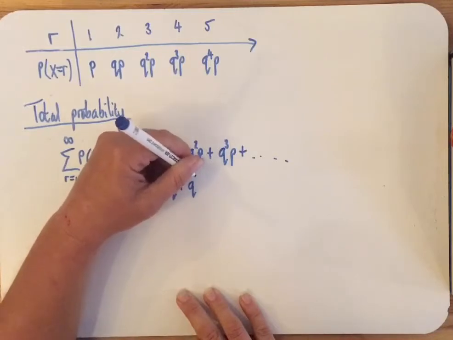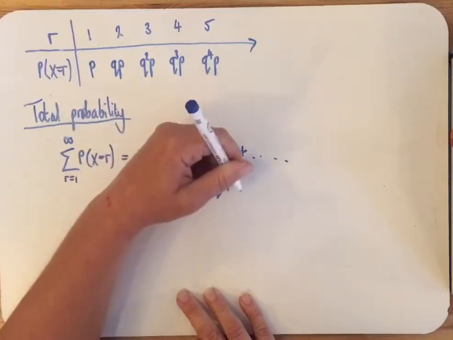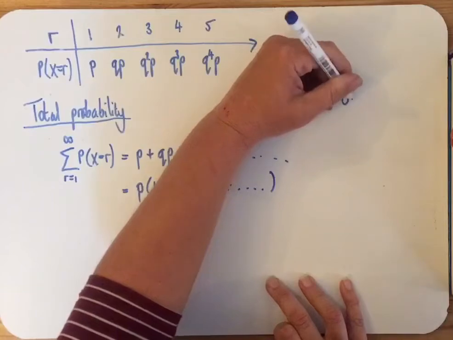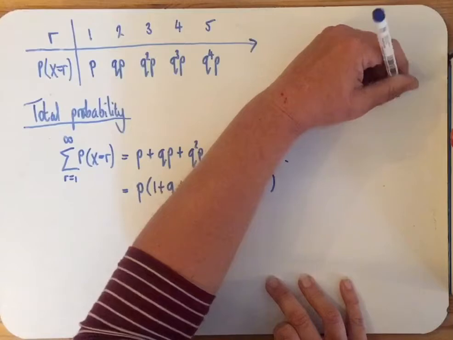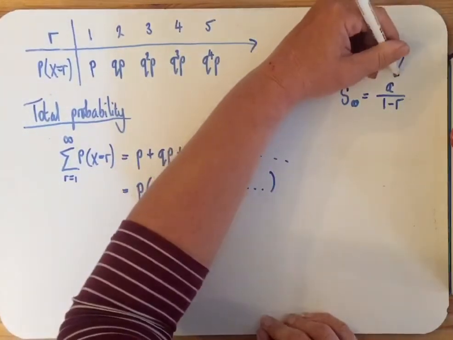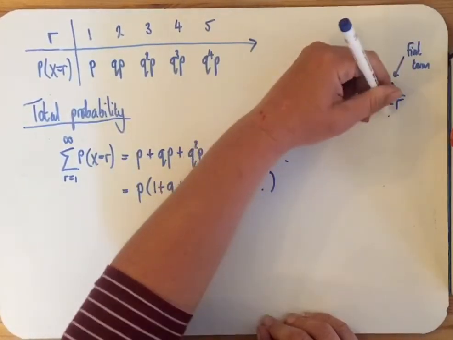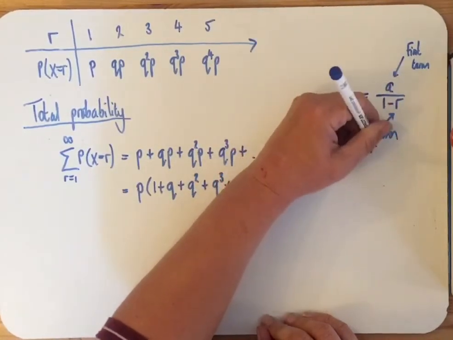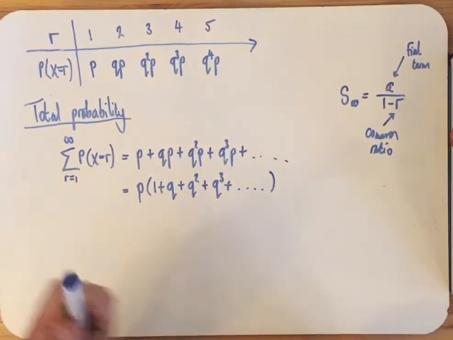Apologies if you're in my maths group, because we haven't done geometric series yet, and I don't know whether you've done them if you're in Jamie's group. But if you have a geometric series, the sum to infinity is a over 1 minus r. a is your first term, and r is the common ratio, what you multiply by to get to the next term.